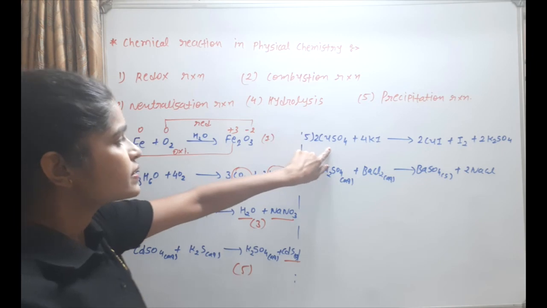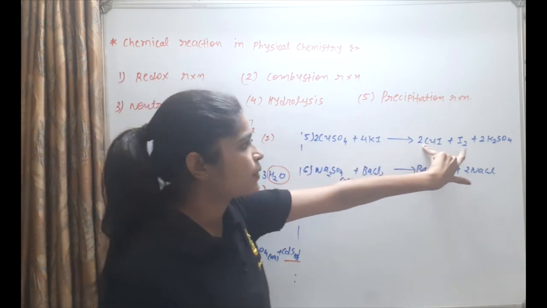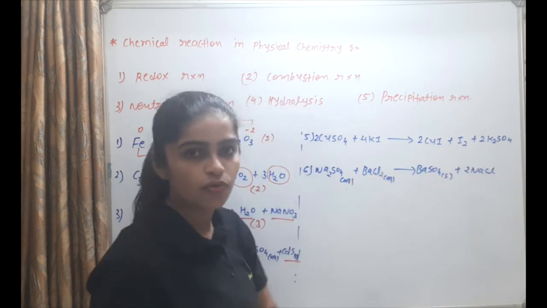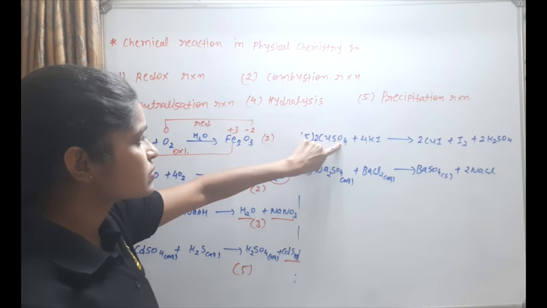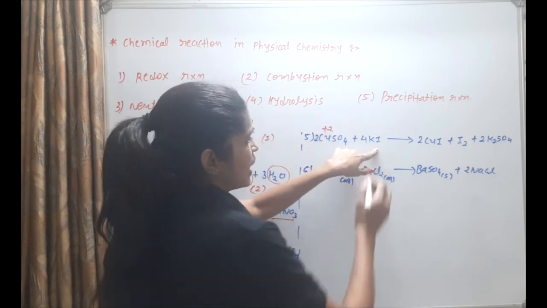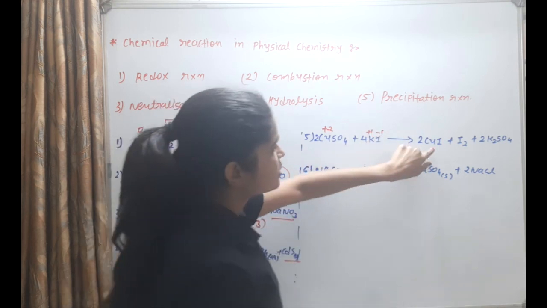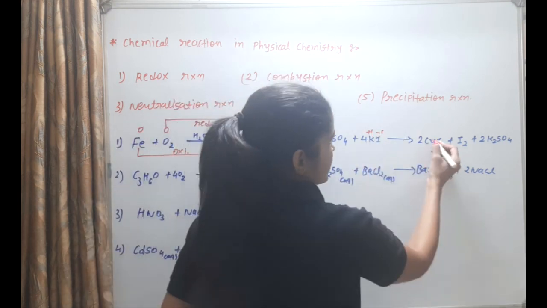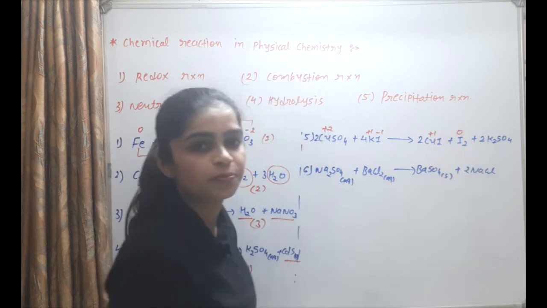Next is CuSO4 plus KI converted into CuI plus I2 plus K2SO4. First check the oxidation numbers. In this, SO4 is minus 2, so Cu is plus 2. In KI, I is minus 1 and K is plus 1. In CuI, I is minus 1, so Cu is plus 1, and I2 is 0.